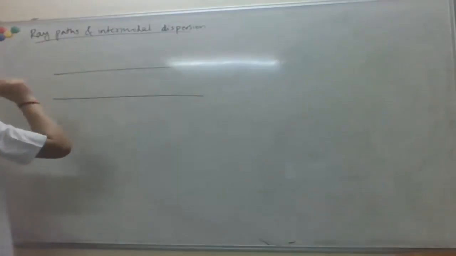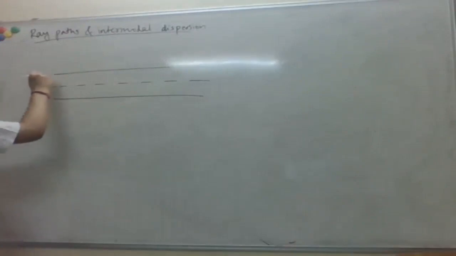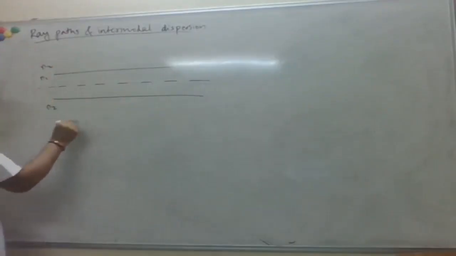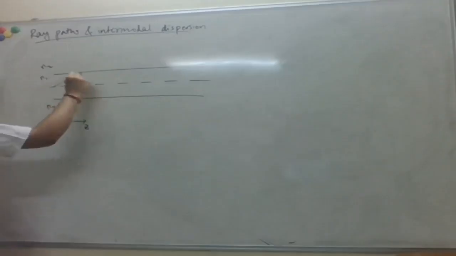Again, let's say you take a fiber or a slab waveguide. You have a core region with refractive index N1 and then cladding of N2. Let's say the propagation direction is Z, and you launch a ray here.